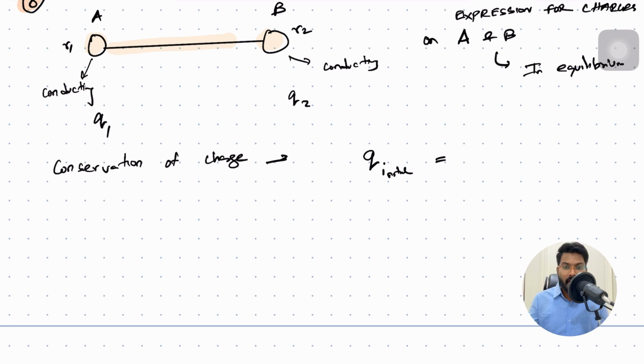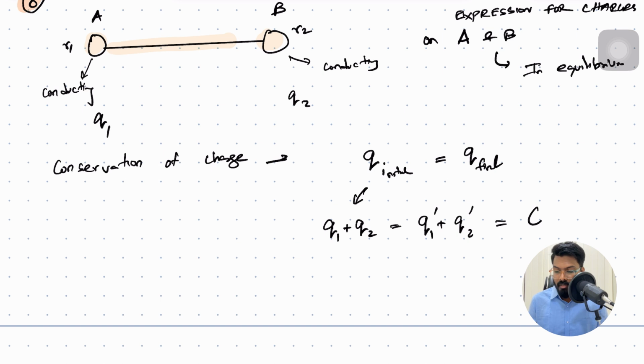After they were connected together, there would have been some redistribution of the charges, maybe from A to B, or from B to A. But the final would be equal to the original. The initial charge is the summation of the charges Q1 and Q2. Let's say after redistribution the charges become Q1 dash and Q2 dash. But the total would not change.